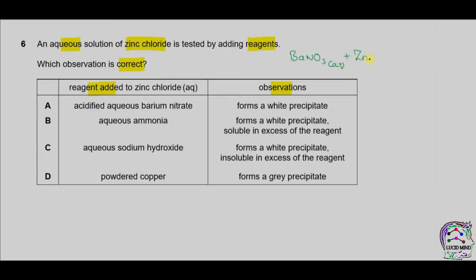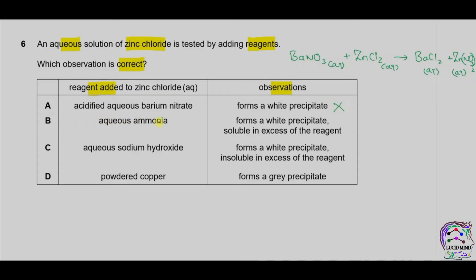It can react with zinc chloride which is also aqueous to form barium chloride and zinc nitrate. As both barium chloride and zinc nitrate are soluble, we cannot see a white precipitate. So option A is incorrect.